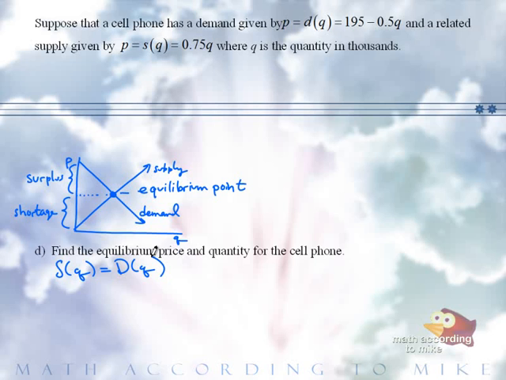It's right up there. And our demand? To find the equilibrium price and quantity, just set supply equal to demand and solve for Q.